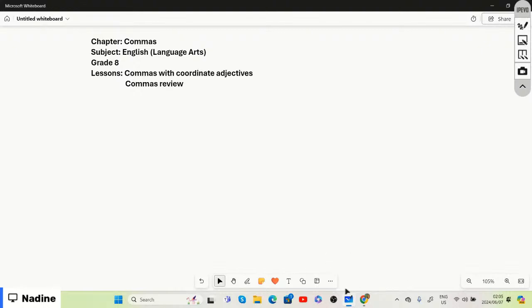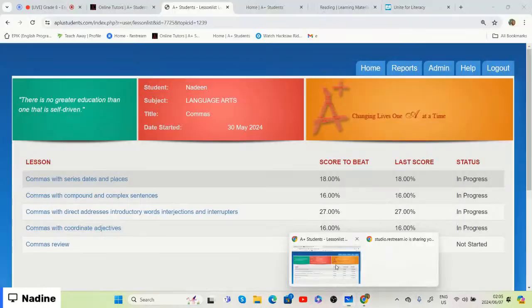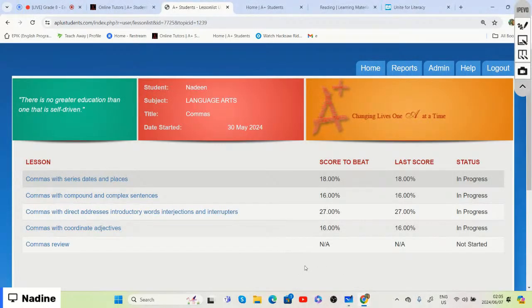All right. So the lesson on commas is basically a continuation of our previous lesson where we also did commas. In our previous lesson, we did commas with series, dates, and places, commas with compound and complex sentences, as well as commas with direct addresses, introductory words, interjections, and interrupters.